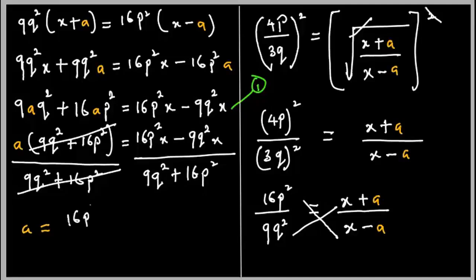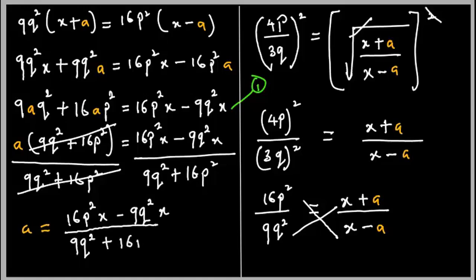16p squared x minus 9q squared x all over 9q squared plus 16p squared.